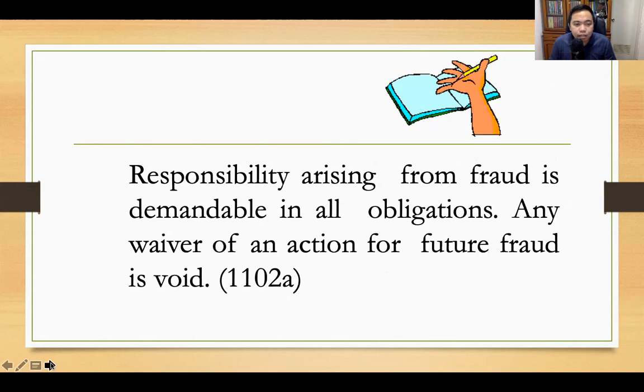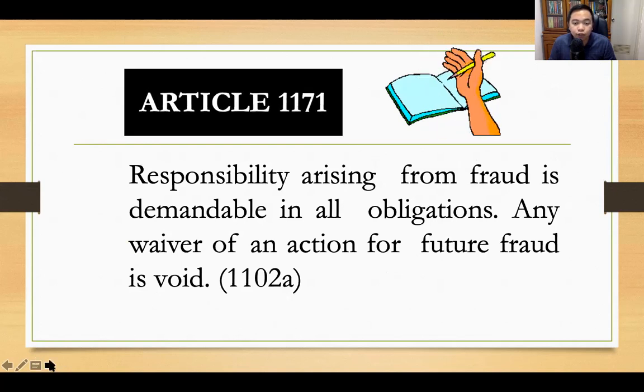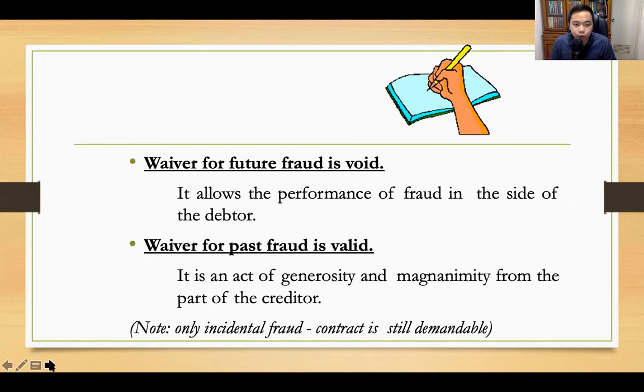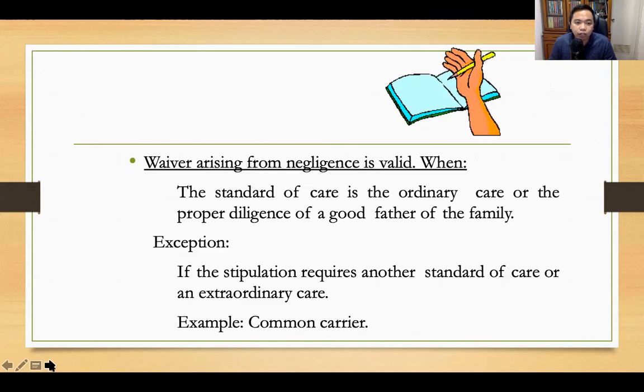Now, responsibility arising from fraud is demandable in all obligations. Any waiver of an action for future fraud is void. So waiver for future fraud is void, while waiver for past fraud is valid because it serves as an act of generosity and magnanimity on the part of the creditor.